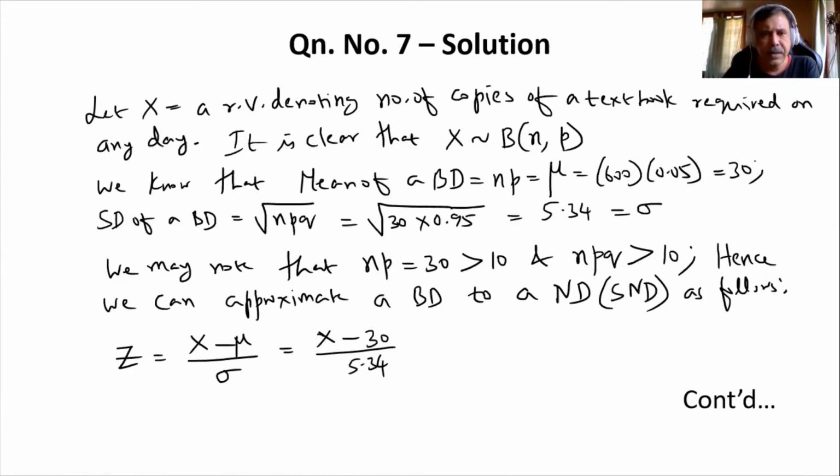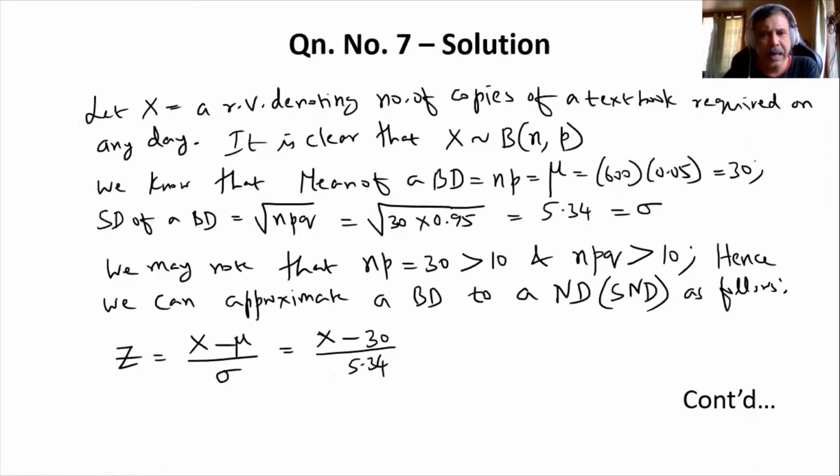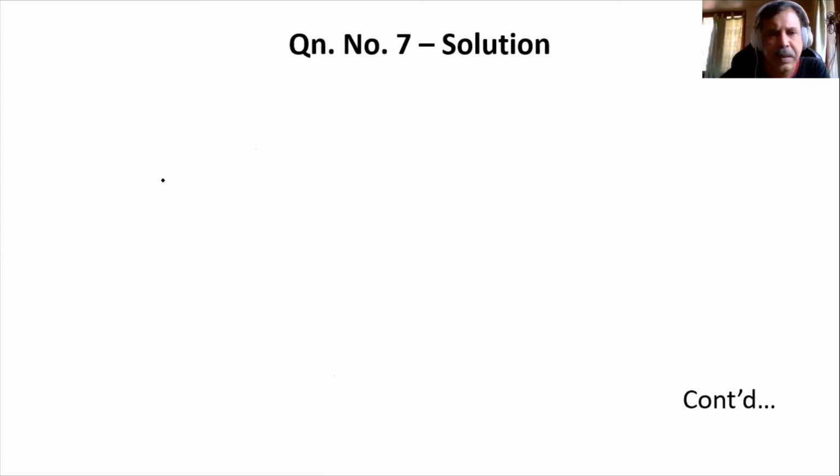Now, what is the question? Question is, if the probability is larger than 0.9, how many books need to be kept in the university? So let us go to the next page.